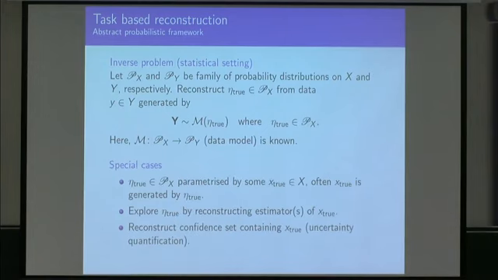And typically, of course, you would say, where did my x true go away? It's gone now. It's not here in the formulation. Well, you could consider a special case where this unknown probability distribution in the reconstruction space is parameterized by some element. So if you know this element, the true image, I'm also given automatically somehow the probability distribution from it, right? Then of course you could somehow recast the problem back to recovering x true.